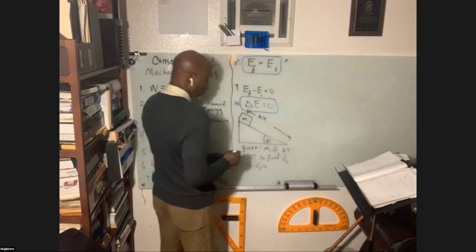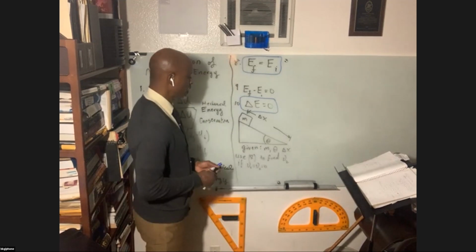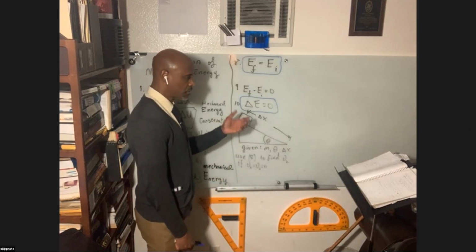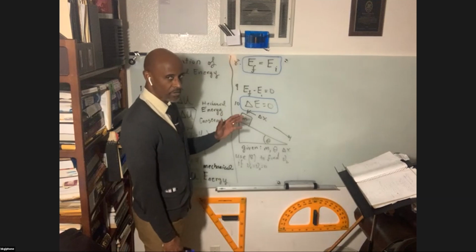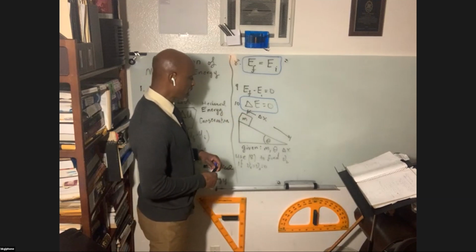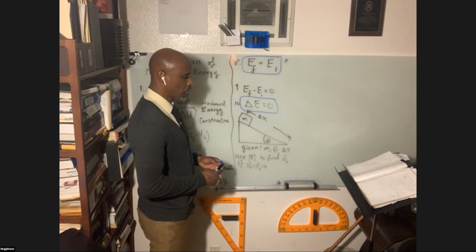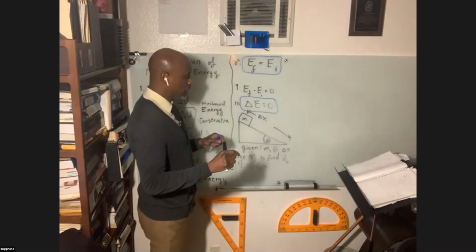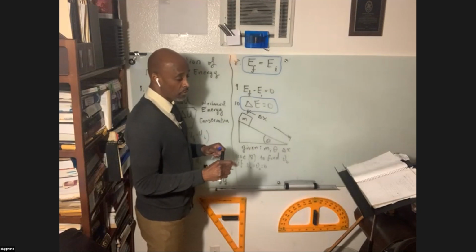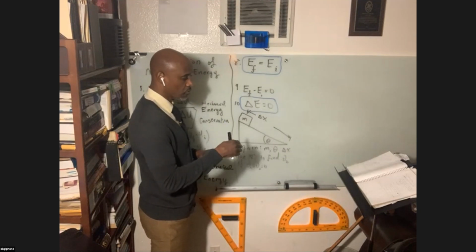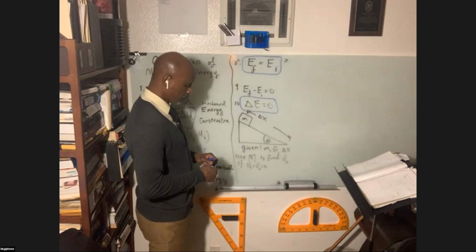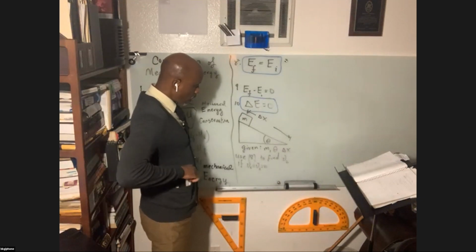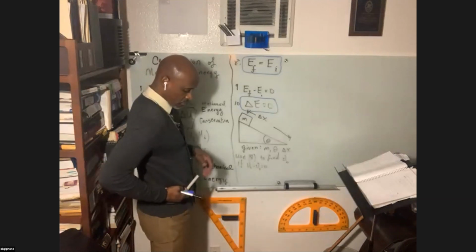So 1 and 2. One of the ways that I like to do conservation of energy is you set up a before and after, position 1 and position 2, or something like that. Because the thing about conservation of energy is that you're only concerned with 2 points. You're not really concerned with what happens between those 2 points, which wasn't necessarily the case for using forces or work energy. So the 2 points that I'm going to establish are the points where the object begins and ends.